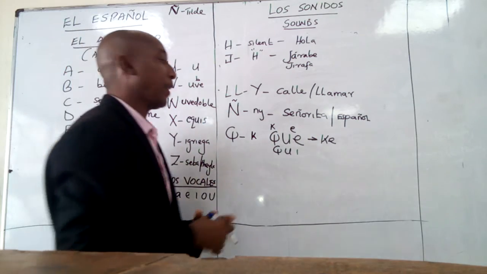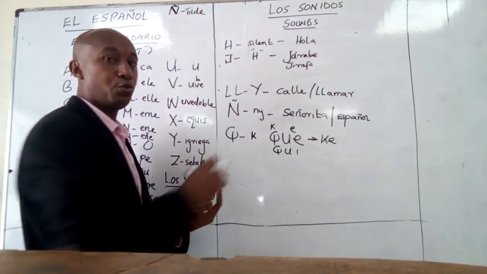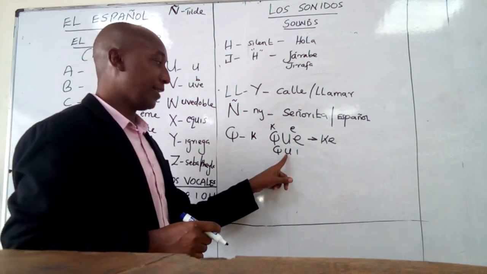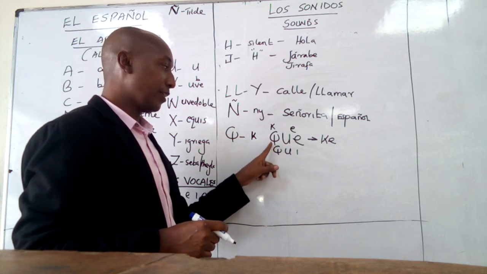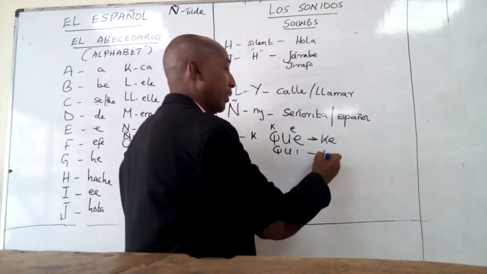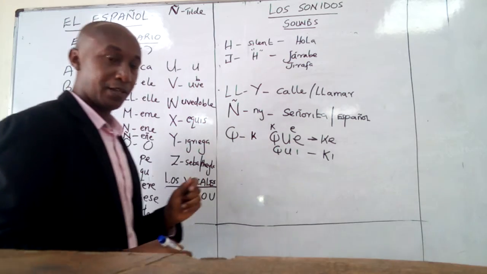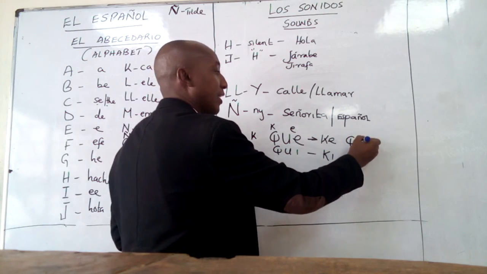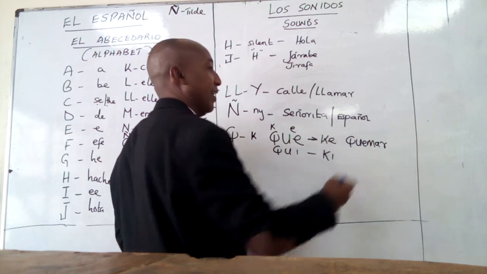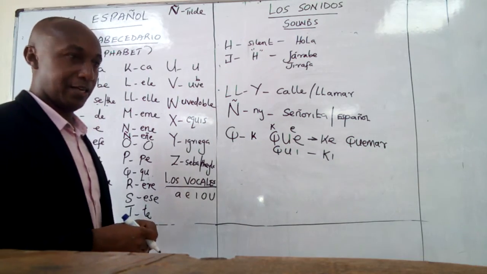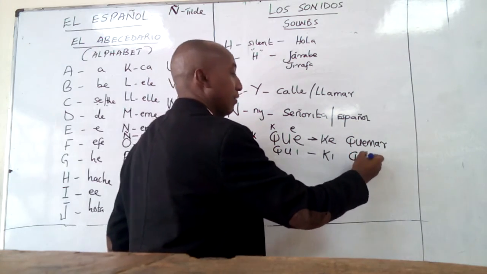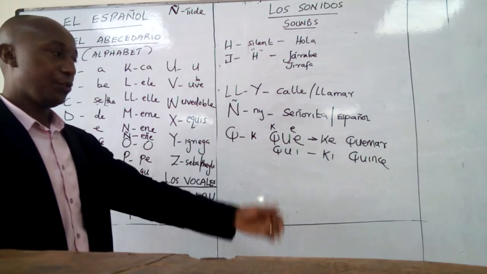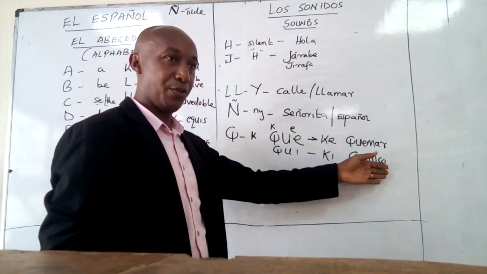Very important. Same case to this one, you do the same. So give Q a K sound, U becomes silent, then you connect K to I, and your sound becomes ki. So what is the next thing? Give an example. We can say quemar, quemar. And then quince. Remember CE was what? Se. You can say quince.